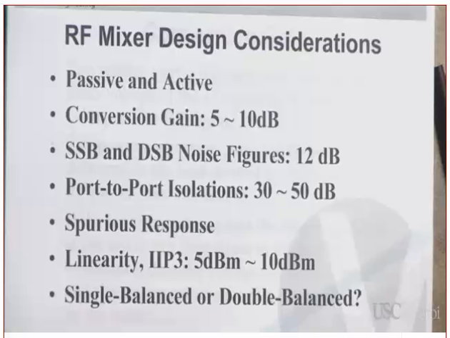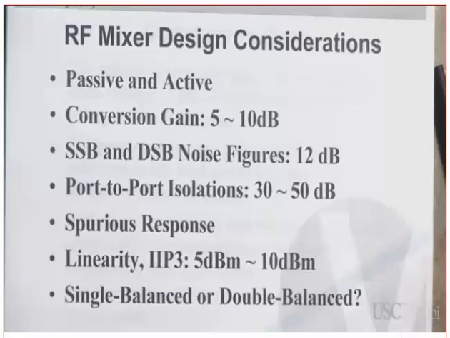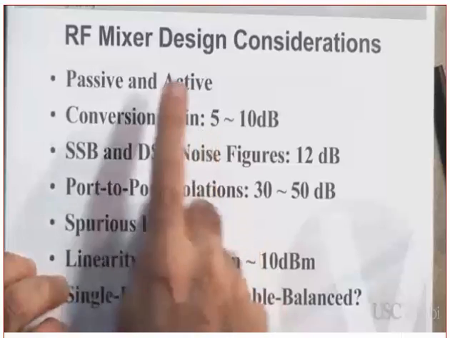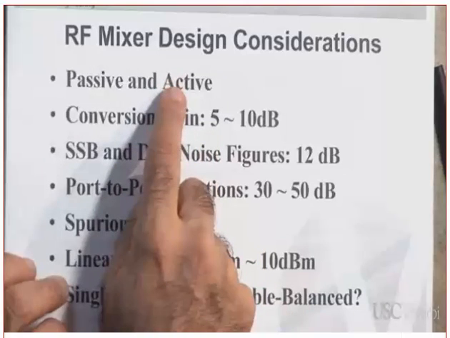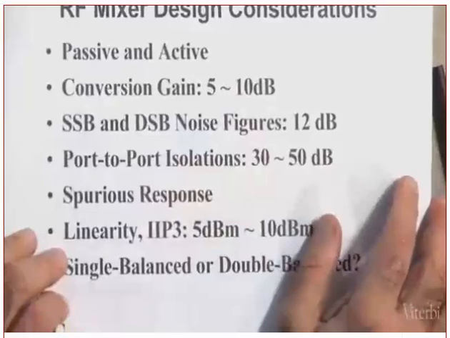Are you following me or not? You worry about linearity and the noise figure, more important than the conversion gain. Clear? So when we talk about conversion gain, 5 to 10 dB, and again, as I told you, this is only provided that the mixer is an active mixer. If it is passive, you are not going to get any gain.